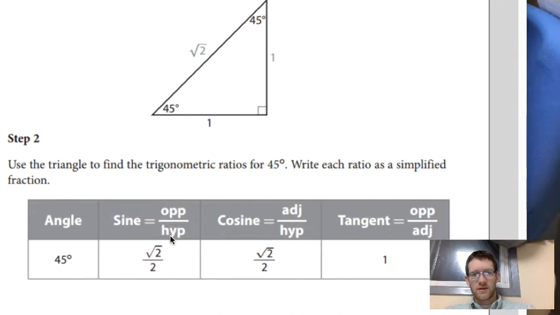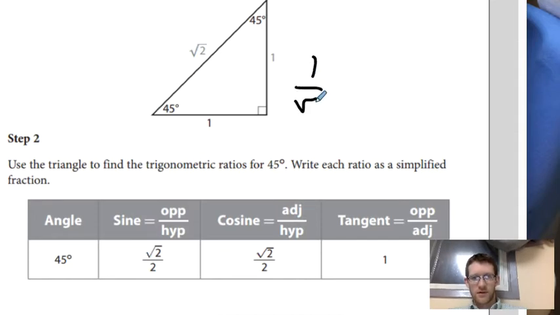Sine is equal to opposite over hypotenuse, cosine is equal to adjacent over hypotenuse, tangent is equal to opposite over adjacent. So therefore they just plug in the values. It's a little weird. They came up with square root of 2 over 2 as opposed to 1 over the square root of 2, but I don't know why they did this. I would have put 1 over the square root of 2.